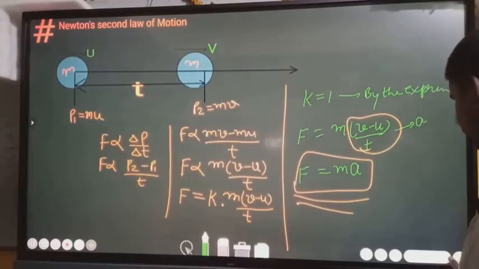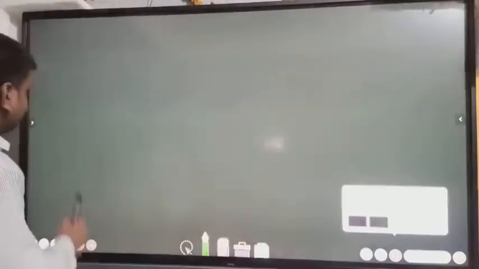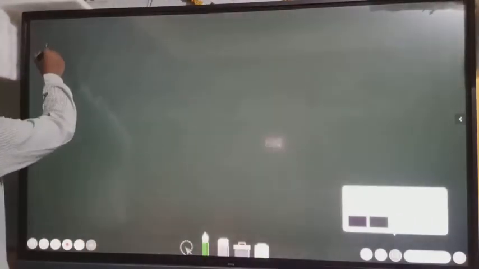So we will try to understand this law through numericals. Here is example 1.